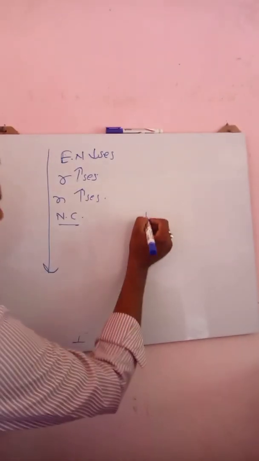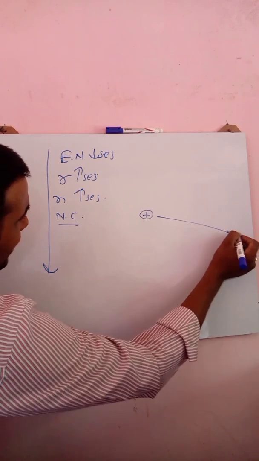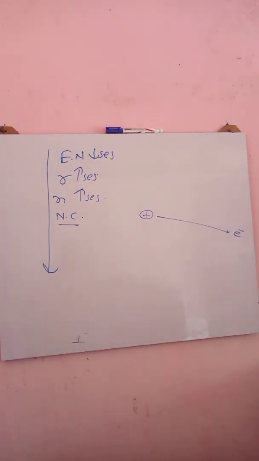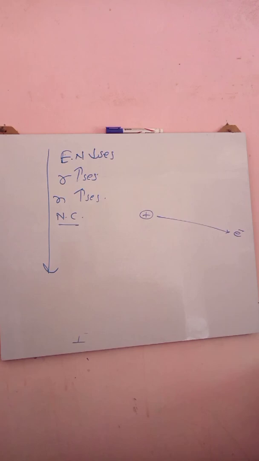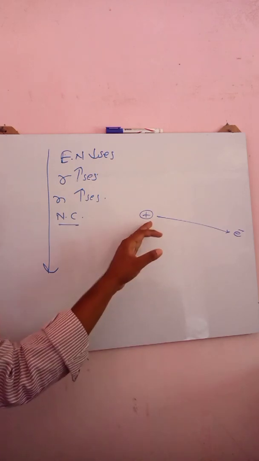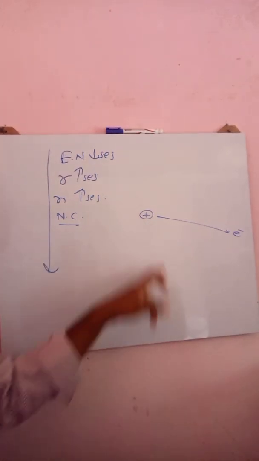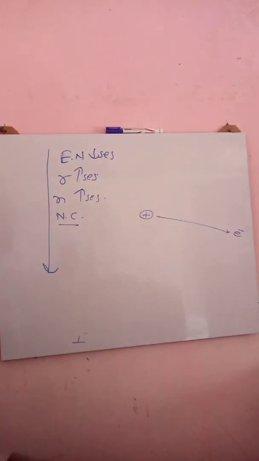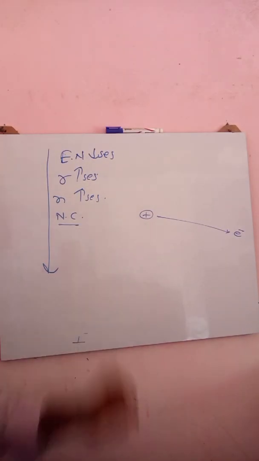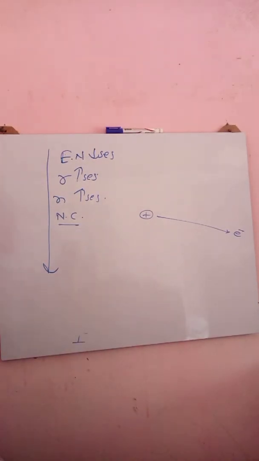So when R increases, the distance between the nucleus and the outermost shell electron will increase. It means less force of attraction between the electron and nucleus. That's why electronegativity decreases. When the nucleus is away from the electron, the attraction of the electron and the nucleus will be less. So when the electron cannot be easily attracted by the nucleus, automatically electronegativity will decrease.